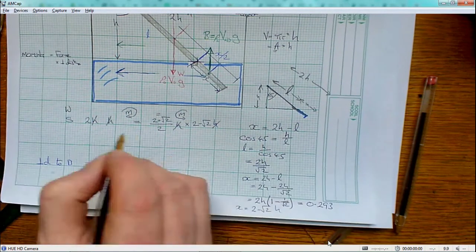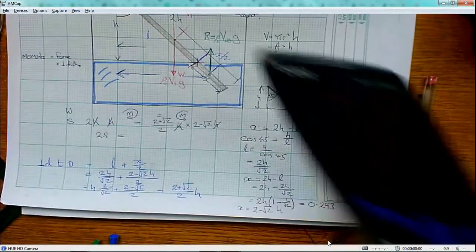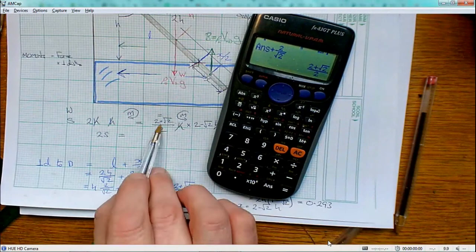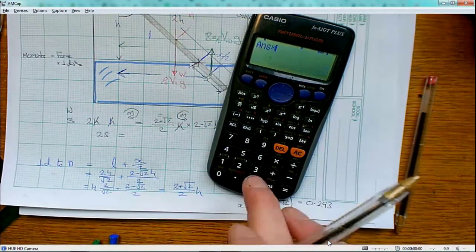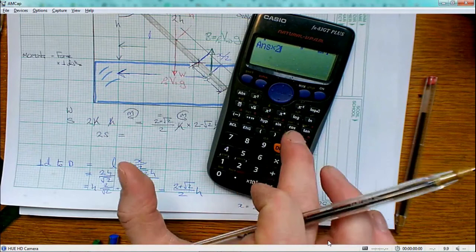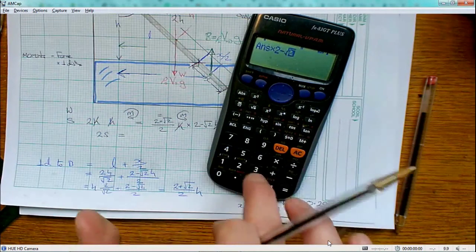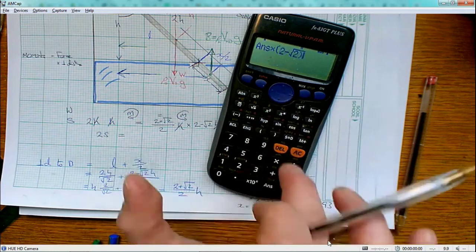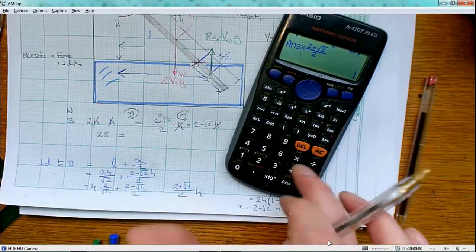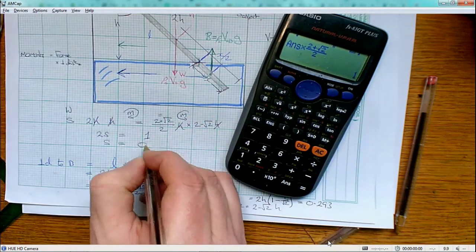So now I'm saying that 2S is equal to (2 plus root 2) over 2, times (2 minus root 2). Is 1. 2S equal to 1. S is equal to 0.5.